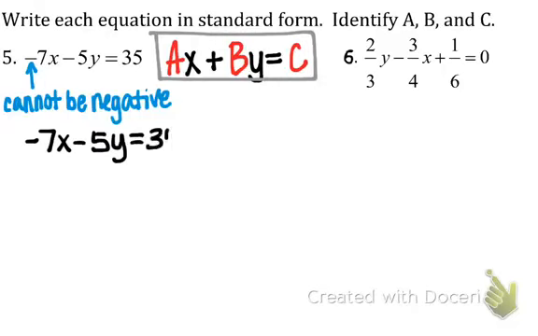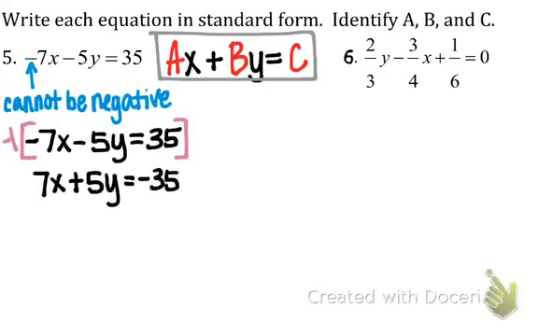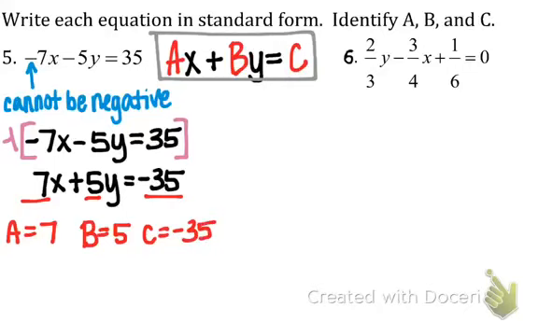So I'm going to take my original equation and multiply it by -1. Multiplying by -1 makes my leading coefficient positive and changes the sign of every other term. So now a is positive 7, b is positive 5, and c is -35, and that equation is now in standard form.